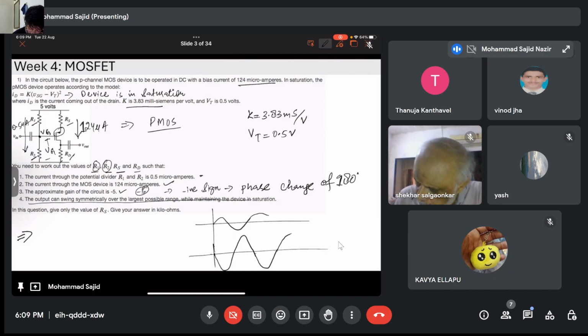There should be no distortion. There should be no limitation in your device, that is, a maximum swing. So with this information, we'll start.